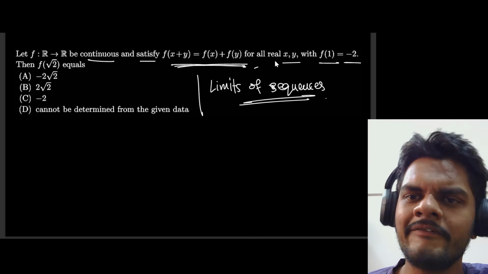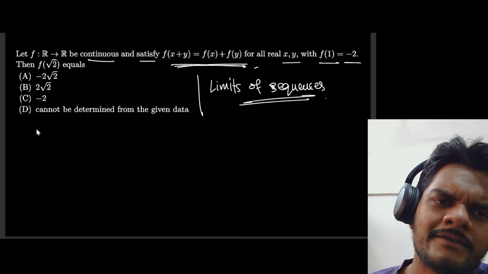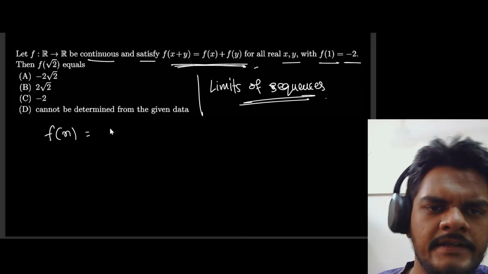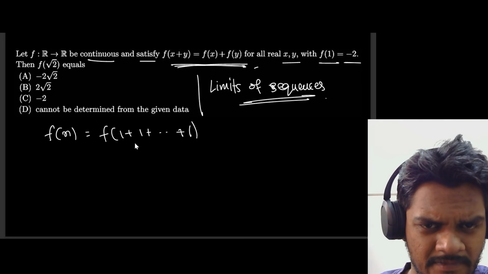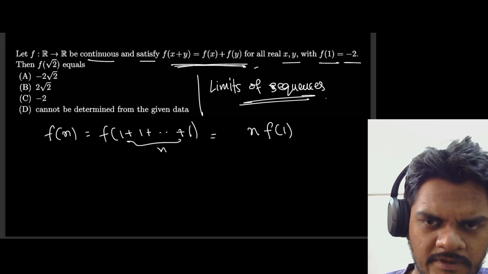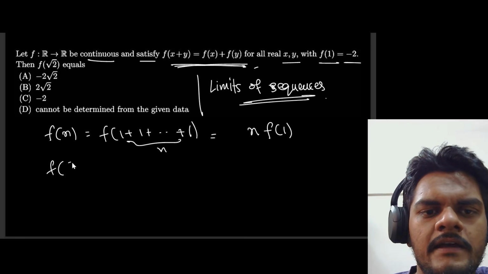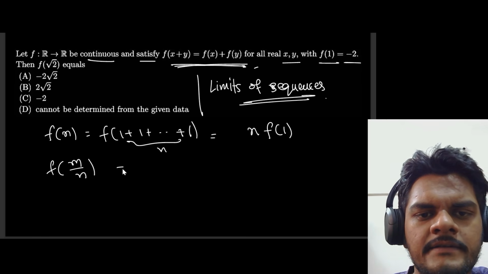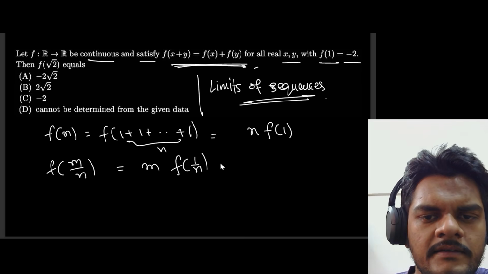Now, for every real x and y, this is true. So that means if I use f of n, that is equal to f of 1 plus 1 plus till n times. So this is equal to n times f of 1. Right? This is true for an integer. If I use m by n, you can write it for m times f of 1 by n.